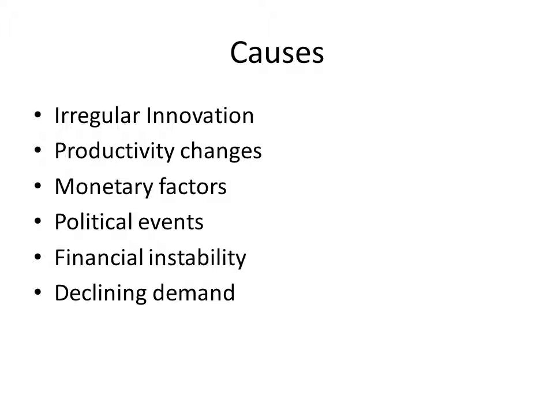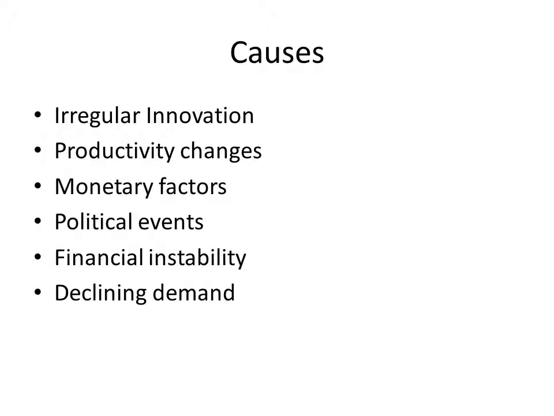Monetary factors. There's a very famous book called The Monetary History of the United States by Milton Friedman and Anna Jacobson Schwartz. They studied about 100 years of the history of the United States and the role that money played in it. They concluded that when the money supply drops, you get a depression, and when it simply slows down, you get a recession.